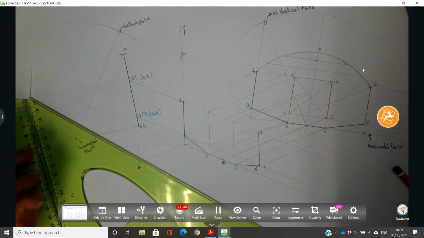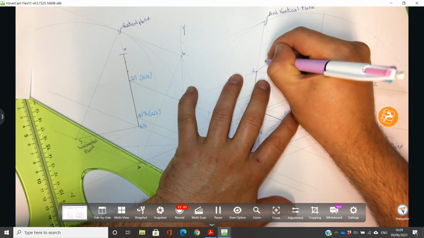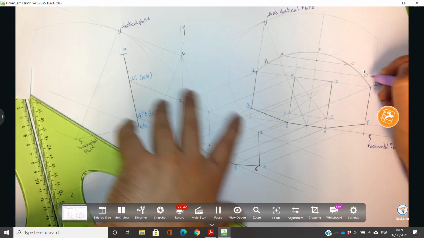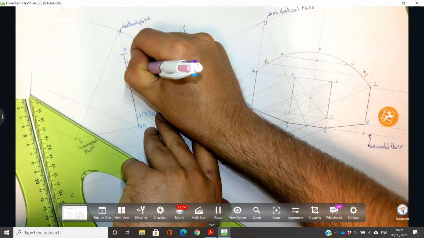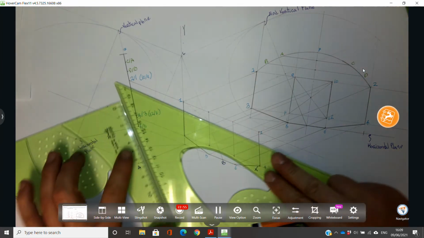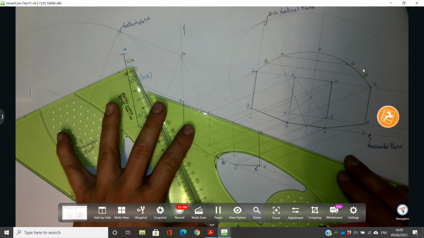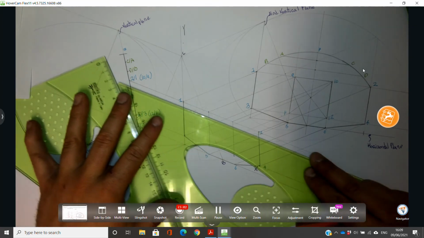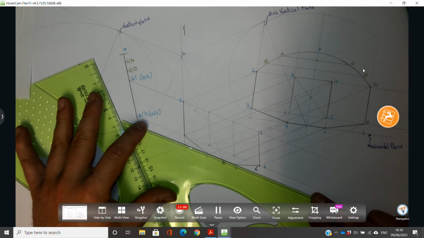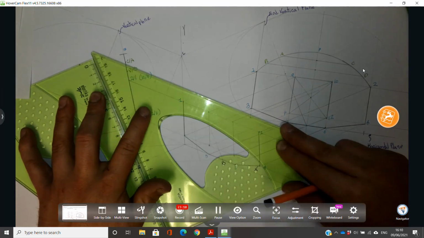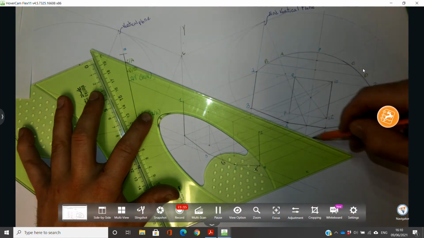Okay, so label these. So C/A, D/B. Now I'm going to bring these down parallel to the x-axis. So D and B down, C and A down.